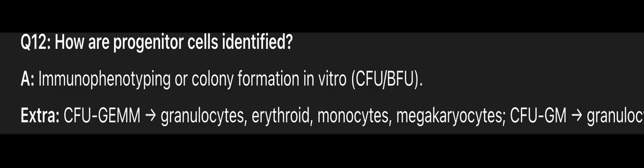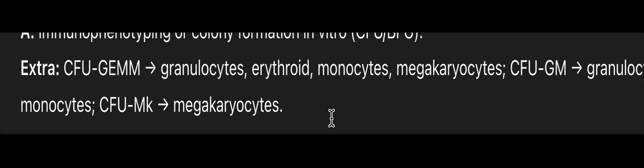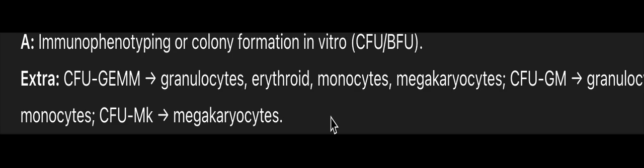How are progenitor cells identified? By immunophenotyping or colony formation in vitro, and that's the CFU or BFU, colony forming units or burst forming units. Okay, so what are CFU-GEMMs precursors for?